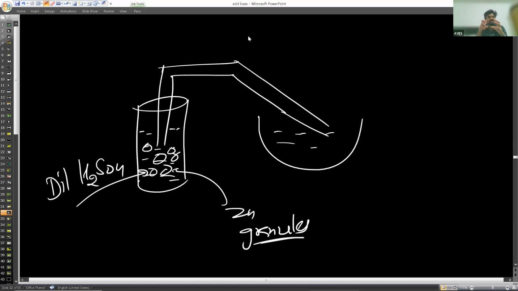Zinc granules means they are bigger balls. And when you crush them and powder them, for example, if you have chalk powder, you crush that chalk and spread the powder on your hand, then dip the hand and bring it back.